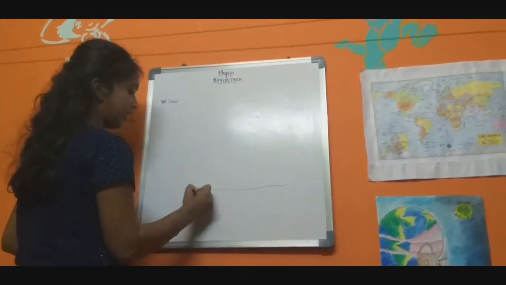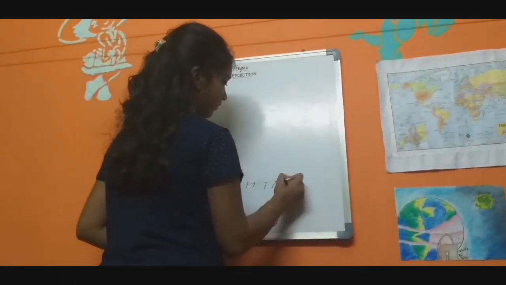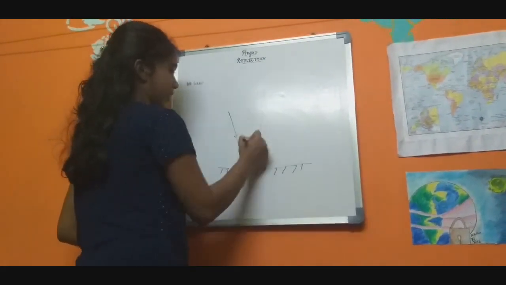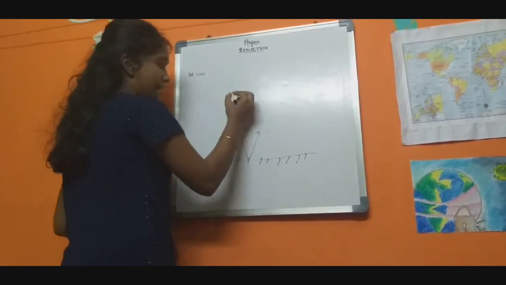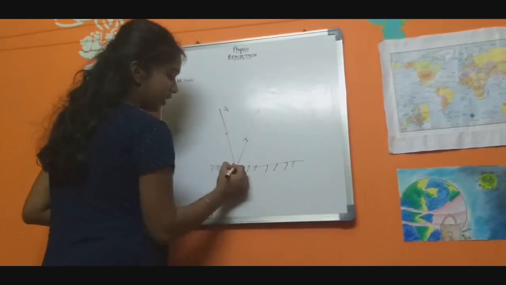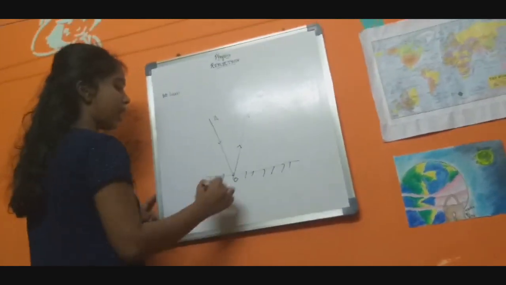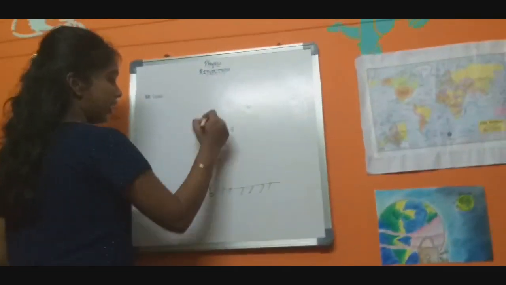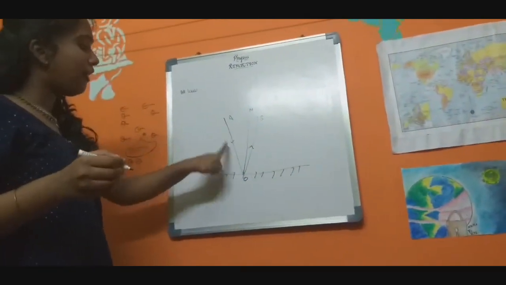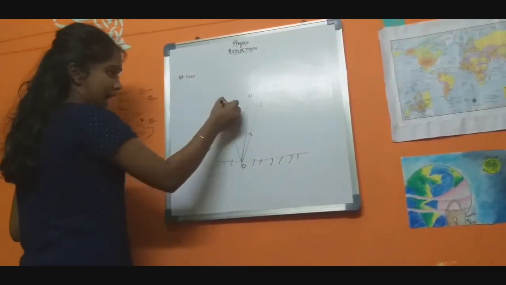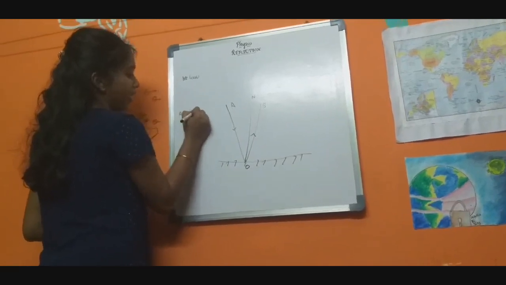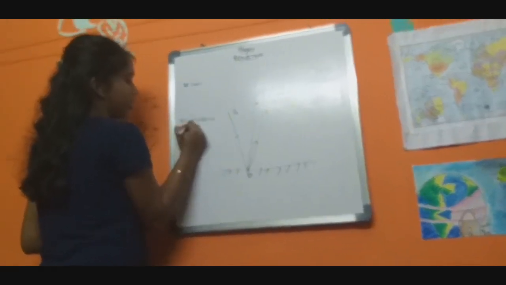Okay? Consider this as a mirror. When light falls on it, it is reflected back. The incoming light is marked as A and the reflection is marked as B. Then this point is marked as O. See, this is the normal, so N. This ray AO is the incident ray.